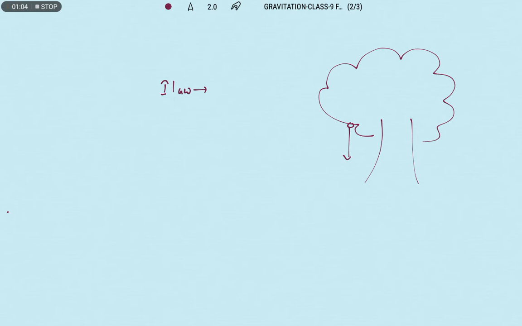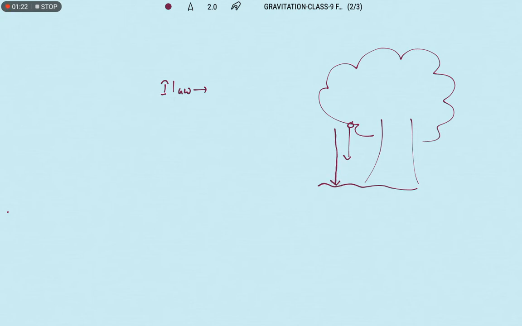So when the apple fell down, there must be a force acting on the object. There must be a force acting on the object towards the surface of the earth, or towards the earth a force is acting.